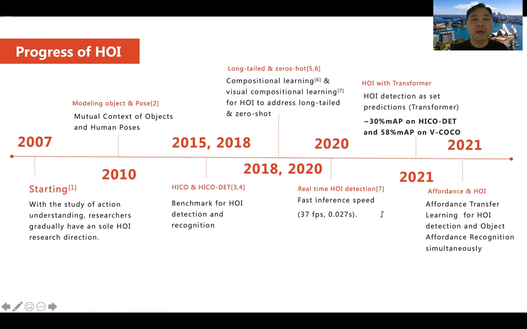Specifically, they presented a Bayesian approach to integrate information from scene analysis, pose estimation, object context, and reaction, applying spatial and functional constraints. Since then, human-object interaction gradually becomes an independent task and attracts increasing interest from the community.